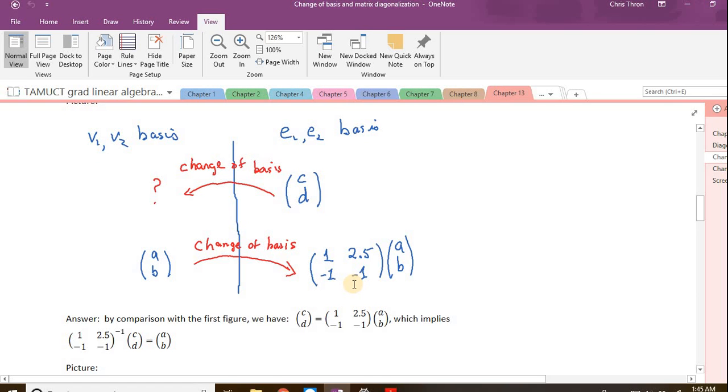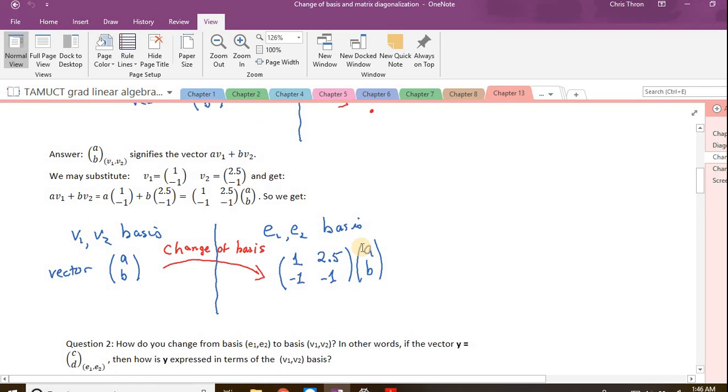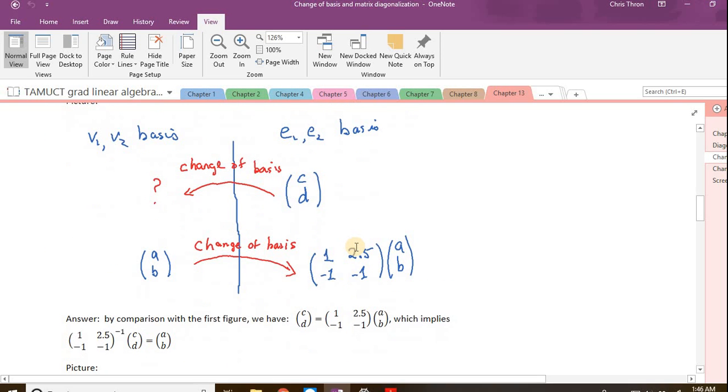Just figure out how to get that from the basis vectors, and you're good. How did this matrix arise from the basis vectors? I think that's the question you need to ask yourself.